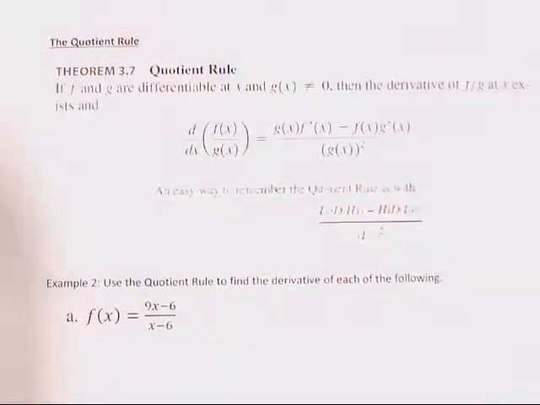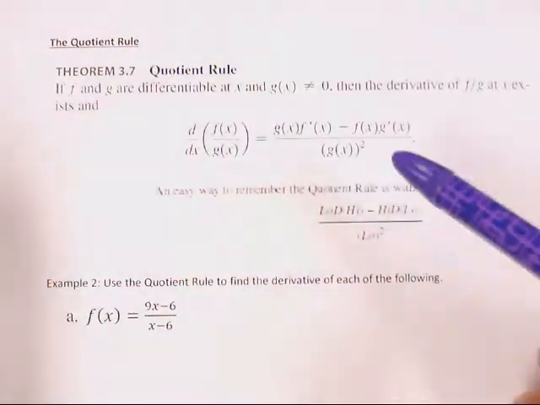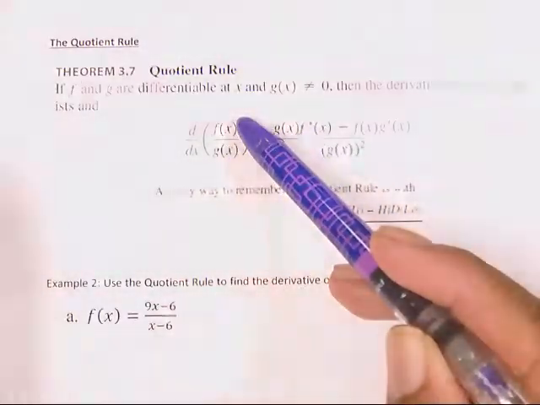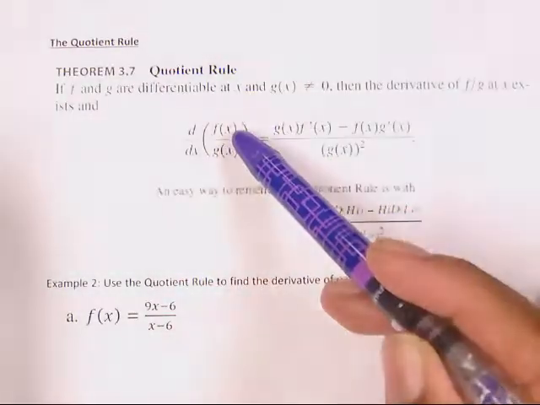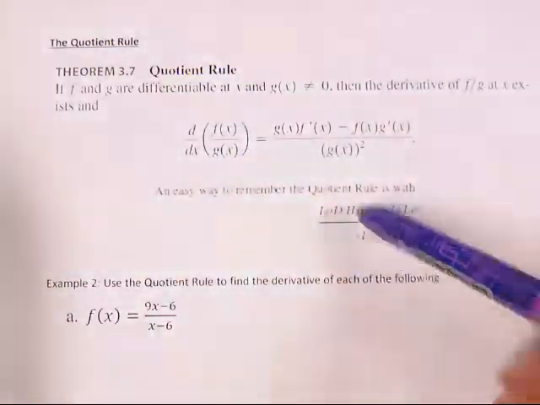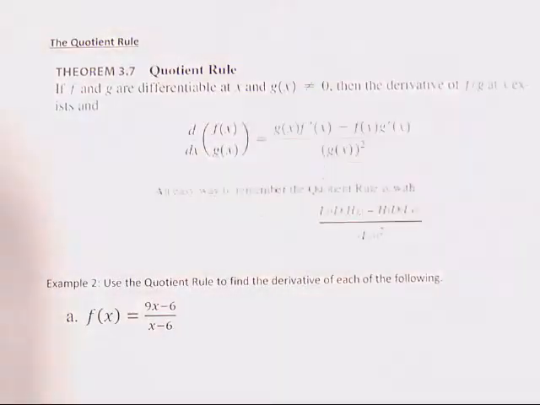Now, an easy way to remember the quotient rule would be something like this: the low times the derivative of the high minus the high times the derivative of the low, and all of that's over the square of the low.